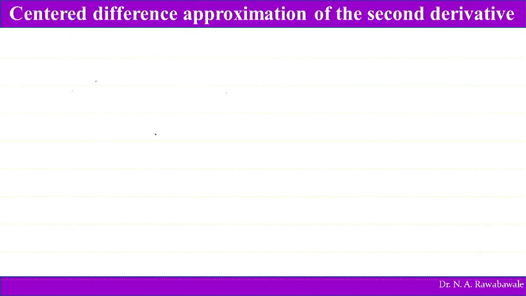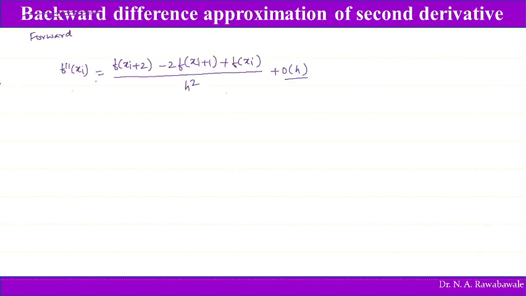Then coming to the backward difference approximation of second derivative, which is given by f double dash of xi. Forward difference means xi plus 1, xi plus 2.